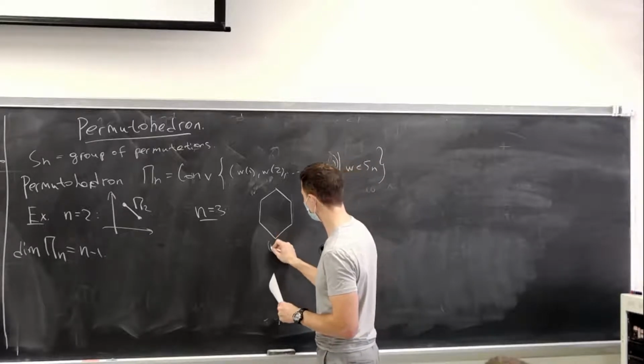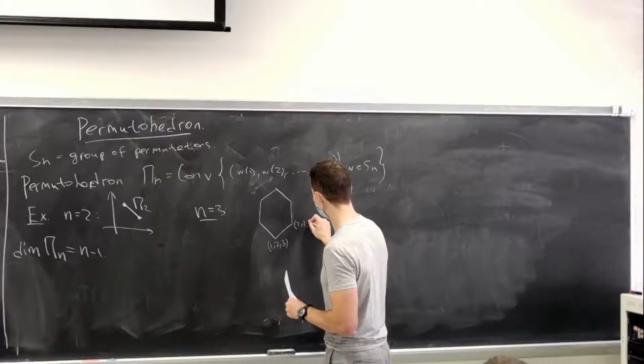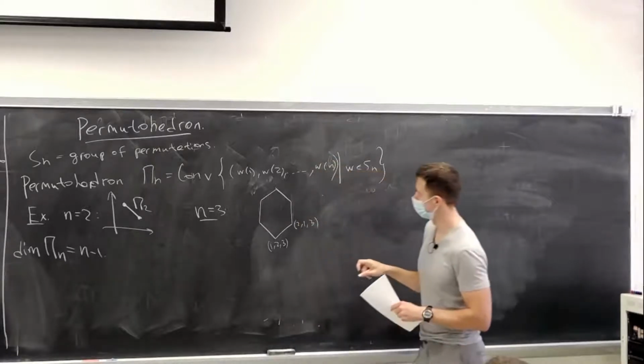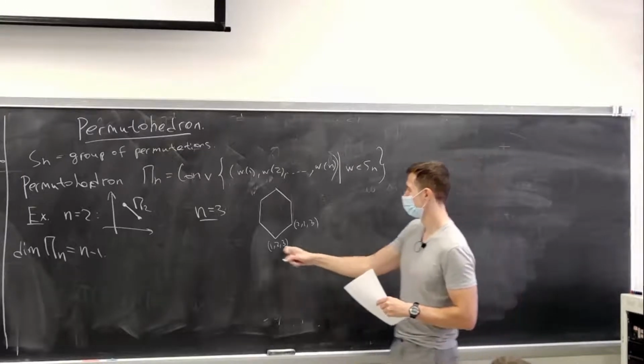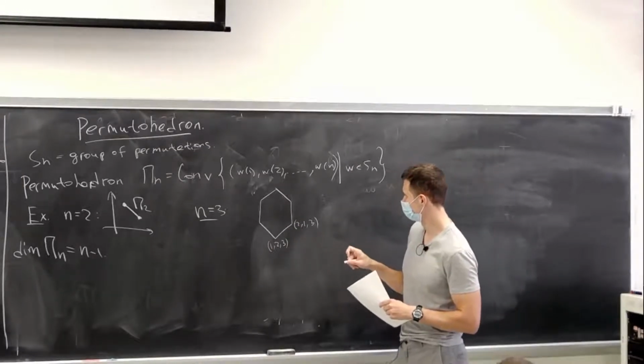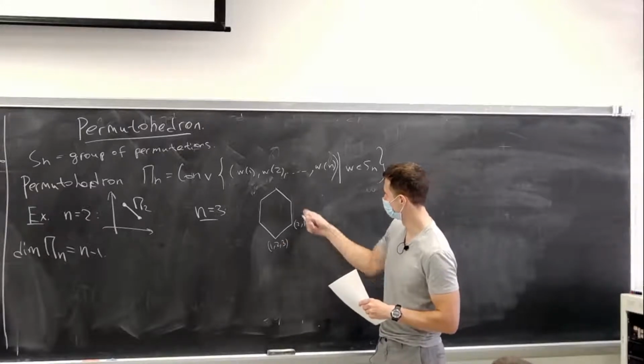And then you can write the coordinates 1, 2, 3, 2, 1, 3. Can somebody tell me what the next vertex is going to be here?